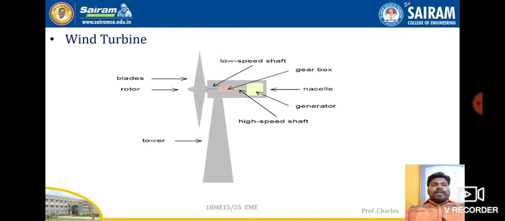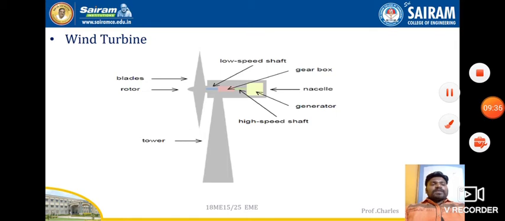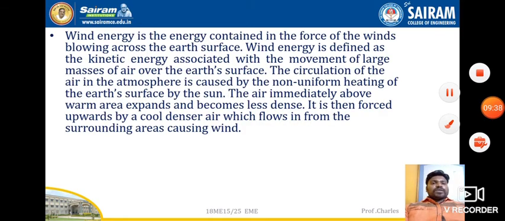Even for this wind turbine, the main reason for producing this wind is solar only. So wind turbine is also an example for this solar energy. So this is how we get the energy from the flowing wind.